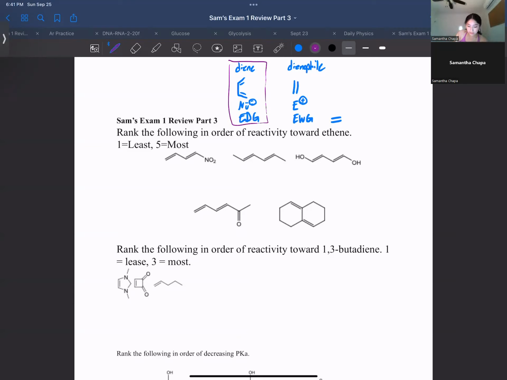So NO2 is an electron withdrawing group. It's one of the best ones. These methyl groups are electron donating through the inductive effect. Because we have electronegative things and we have electropositive things.